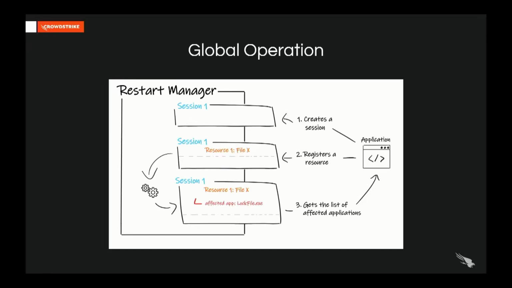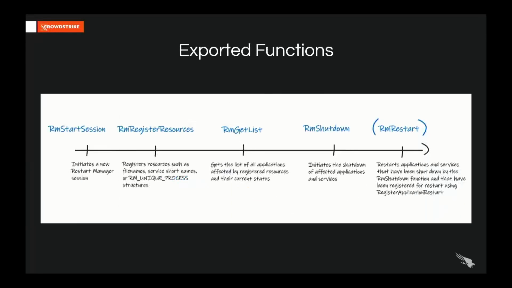To be able to perform that, the restart manager exports a bunch of functions, of which the core ones are listed on the screen. So we'll begin with RmStartSession that initiates the restart manager session. Then applications will be able to register one or more resources using RmRegisterResources. Then they're going to use RmGetList to retrieve the list of affected applications.